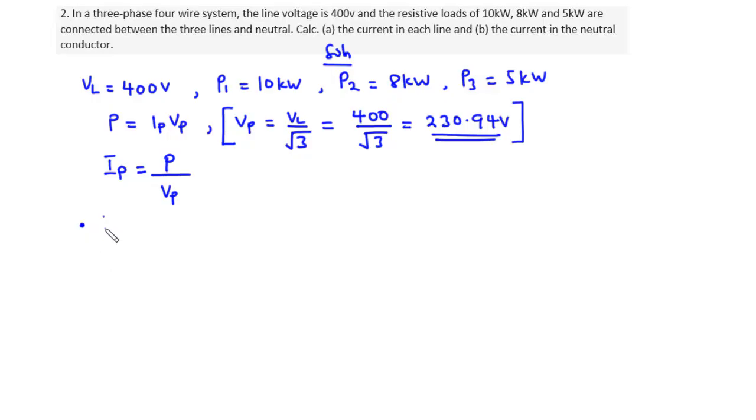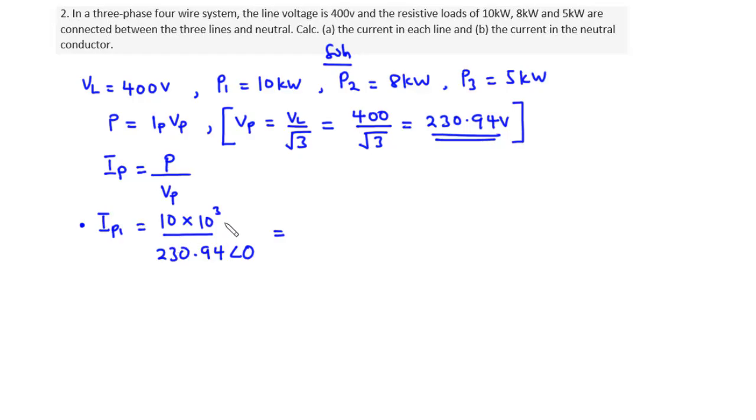So that's going to be IP1 equals P1, which is 10 kilowatts, so 10 times 10 exponent 3 divided by Vp, which is 230.94. Now because we are considering the first phase, then we are going to consider this voltage to be the reference voltage. So that is 230.94 polar 0.